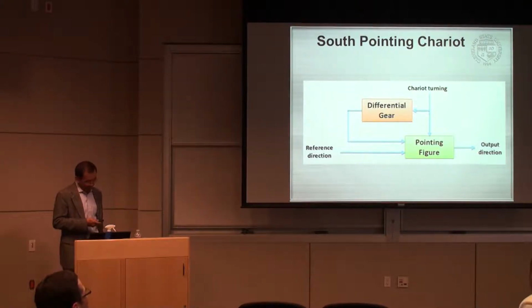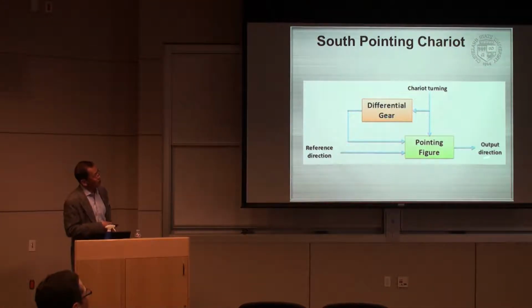Right? And the idea is quite simple. You want this pointing figure to point in the same direction it started with. That's your reference direction. But how do you keep it there? Well, you devise a differential gear system where you detect the turning of the chariot. And then you rotate the pointing figure in the opposite direction.